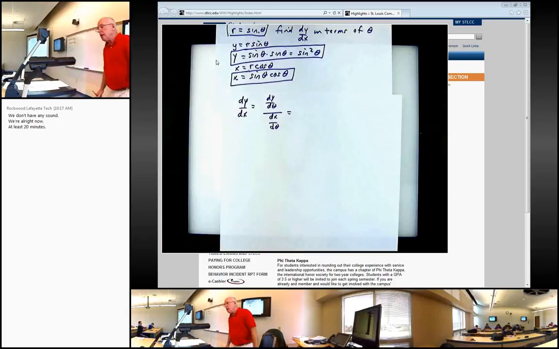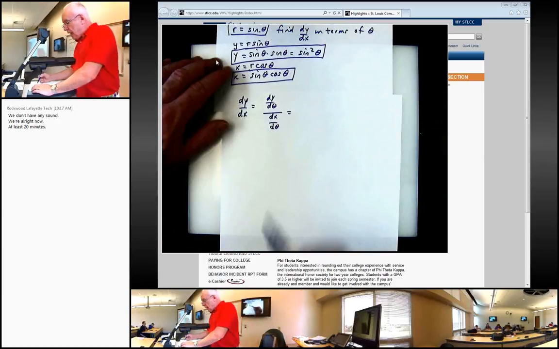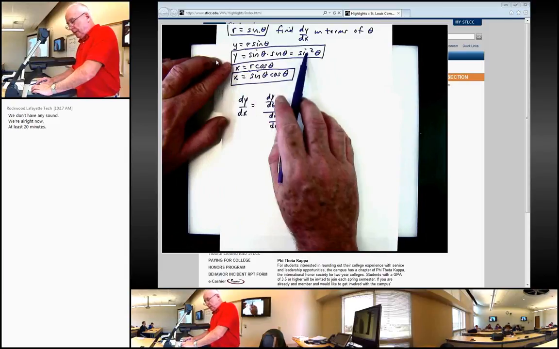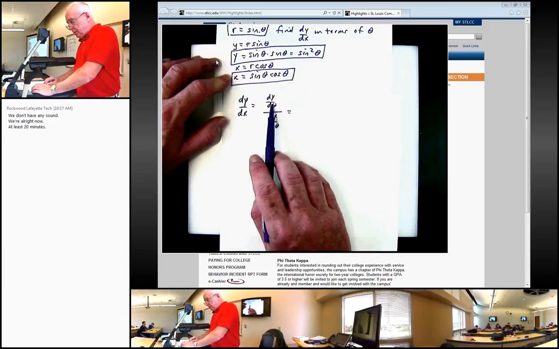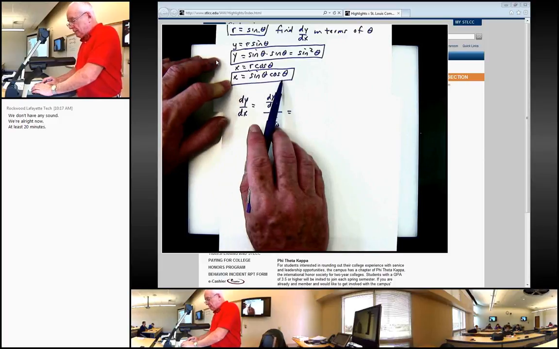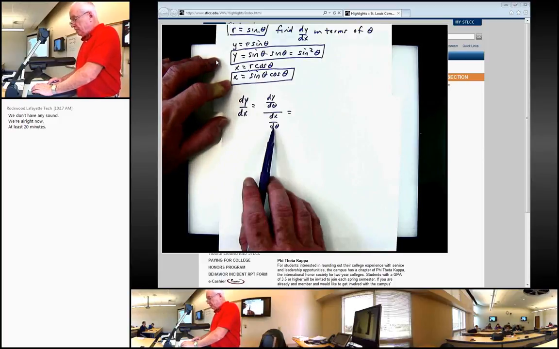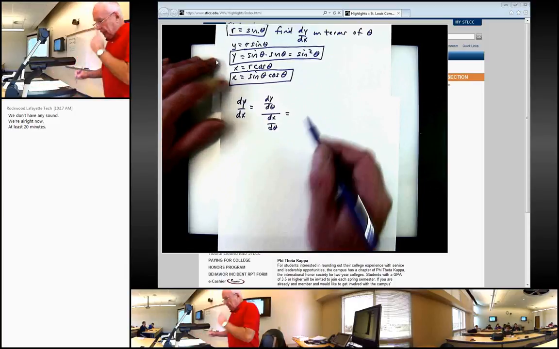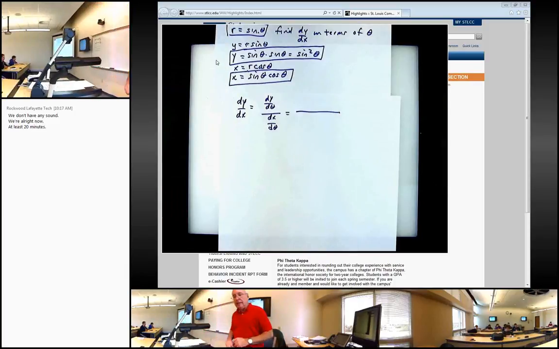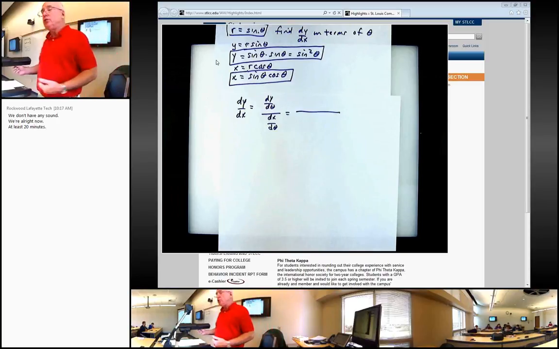Okay, so now I have my y equal to sine squared of theta. I need to find its derivative with respect to theta. My x is equal to sine cosine. I need to get my derivative down below with respect to theta. So for the top one, y is equal to sine squared of theta, I need to use the chain rule.